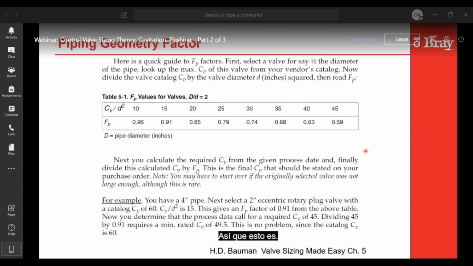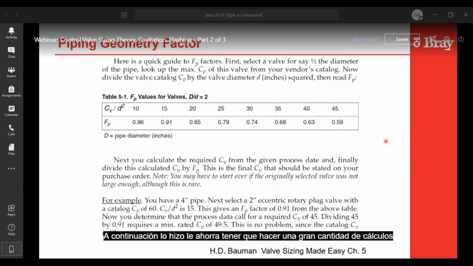So this is from one of the sizing handbooks that H.D. Baumann, Hans Baumann, put out. This just gives you an idea of the CV, a quick guide to determine. So you put the CV over the diameter squared for your reducer, and then you end up with the factor below.